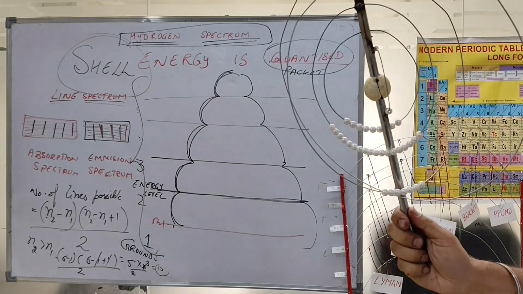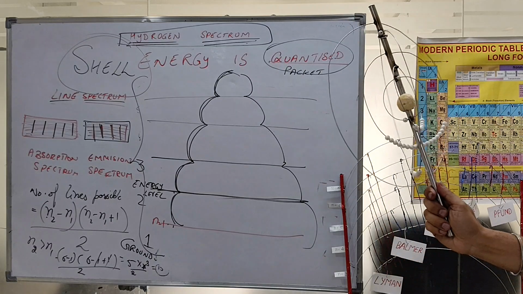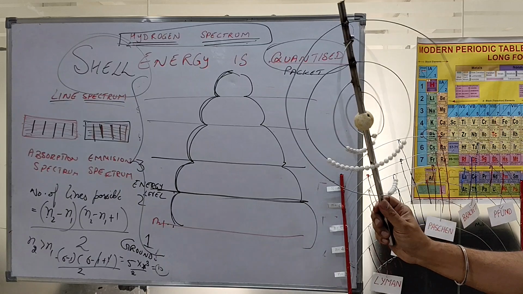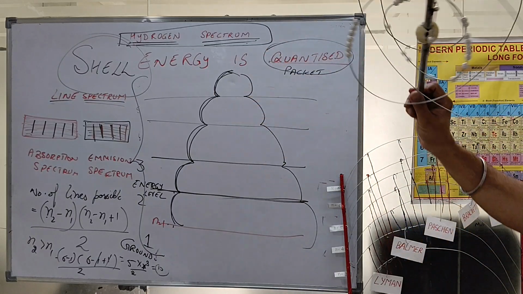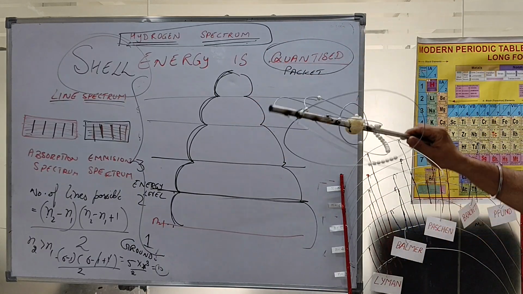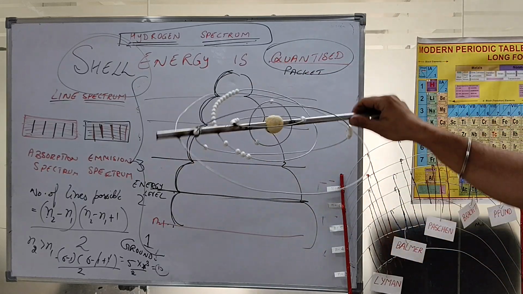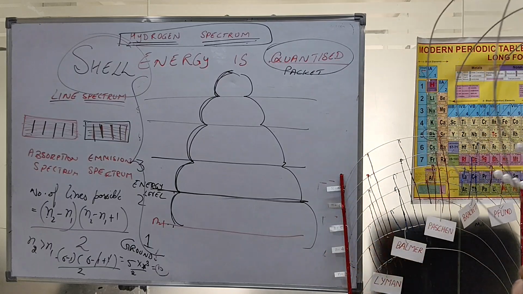So this was the Bohr's model. Electron revolves in fixed paths. That was the Bohr's model.